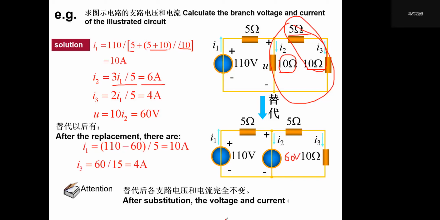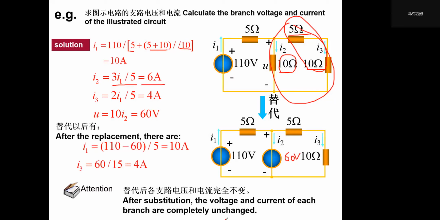So once we do this kind of a replacement, the voltage and the current of each branch will not be altered. They stay untouched. But it only works for this kind of a DC circuit, right? Which means in this DC circuit, its value is constant.